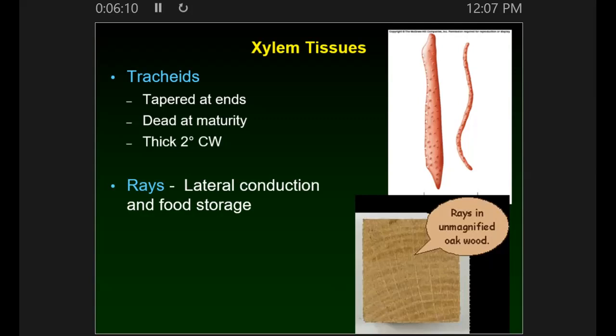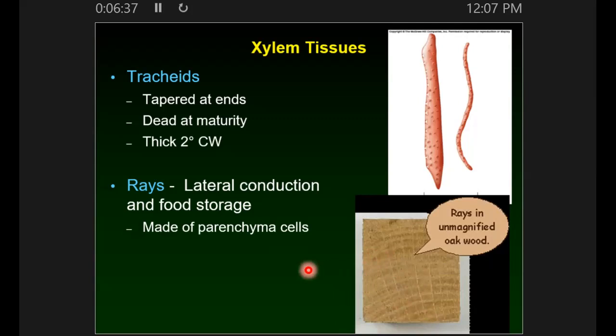In the lower image, you can see that striping pattern of the rays. It's an avenue or a route for lateral conduction of water and can help with food storage. Those are made of parenchyma cells. So the main part of the xylem tissue that I want you to focus on are the tracheids and the vessels.